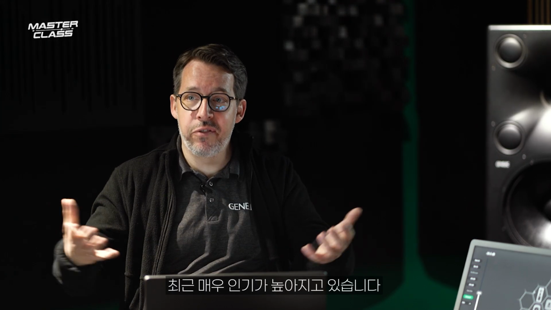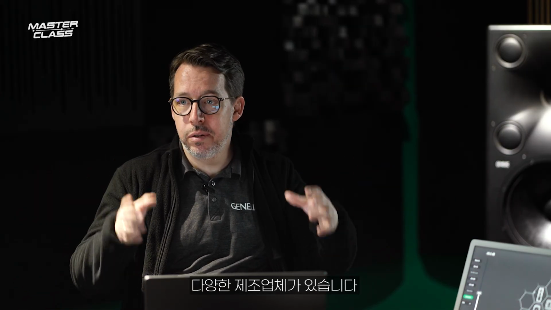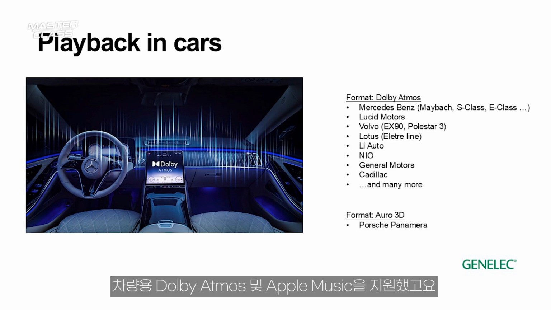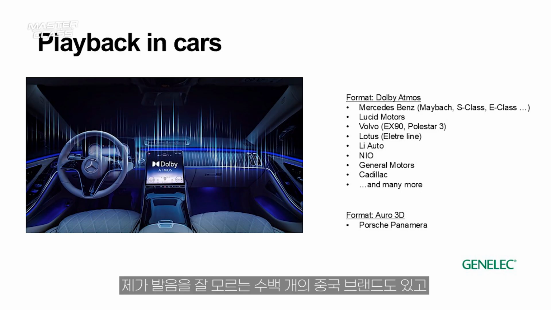And this is becoming very popular. Many different manufacturers. So Mercedes was the first to support Dolby Atmos and Apple Music in the car. Then there's Volvo, there's hundreds of Chinese models that I can't pronounce, and American cars, many different ones. And there's one car that supports Auro 3D.